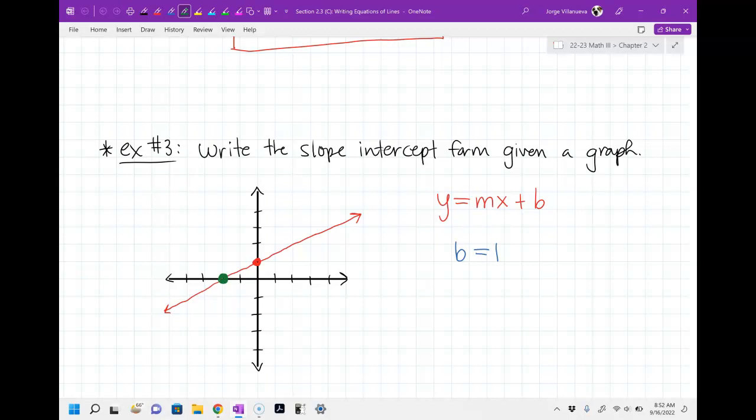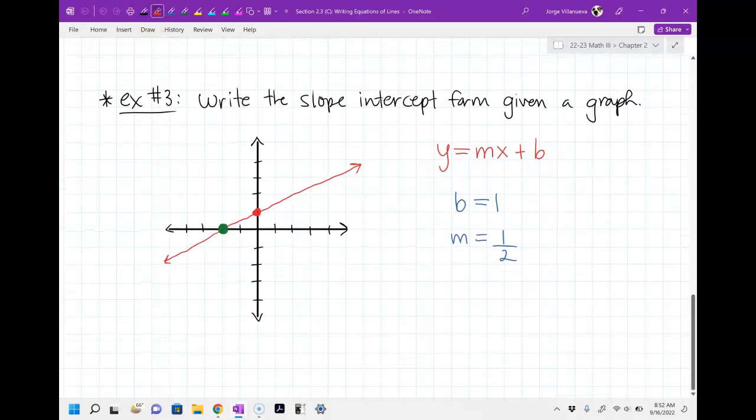I got to go up how many times? One, and then over twice. So this is a half, right? It's a half. So m is equal to half. And that's it. Like, that's the hard part. After that, just plug it into your problem. So y equals half x plus 1. And you're done.